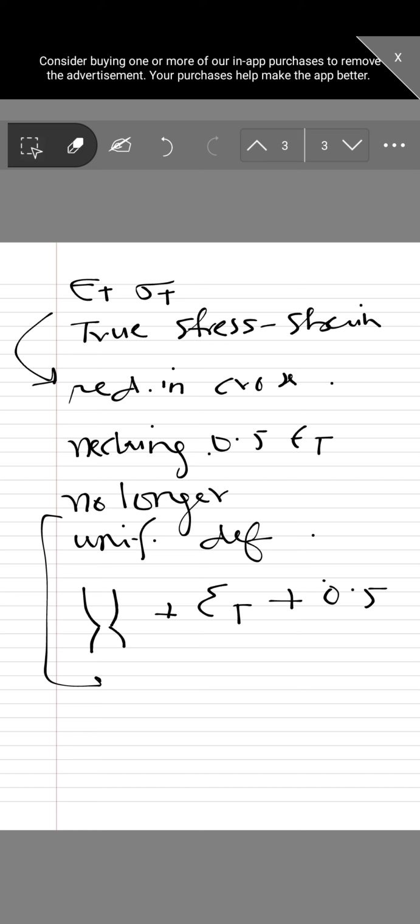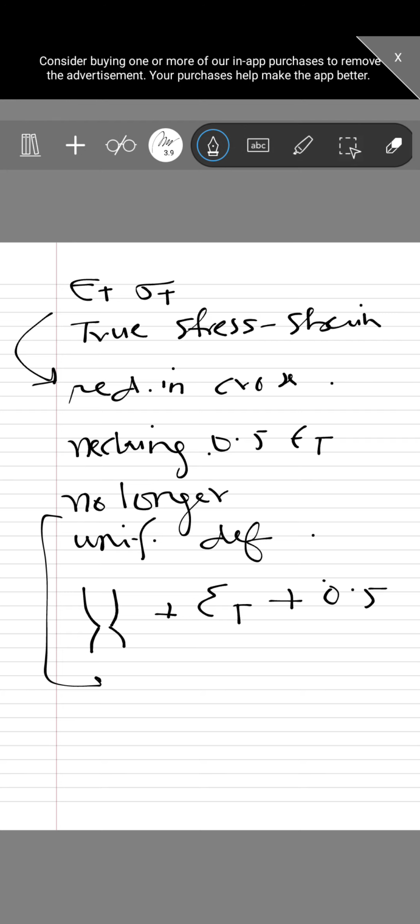And this is actually more pronounced when the temperature is raised, and that is hot working.